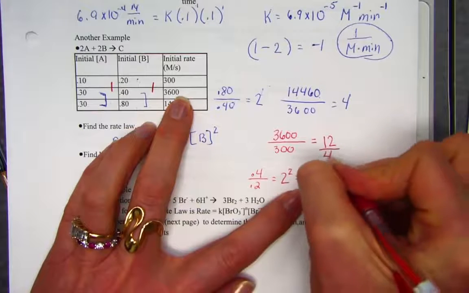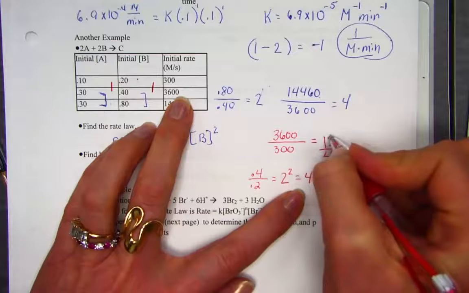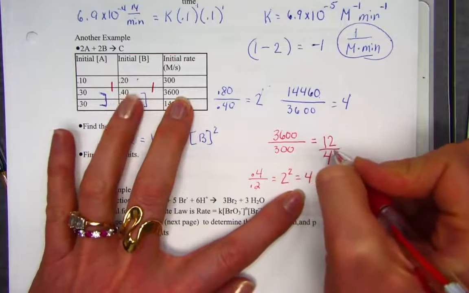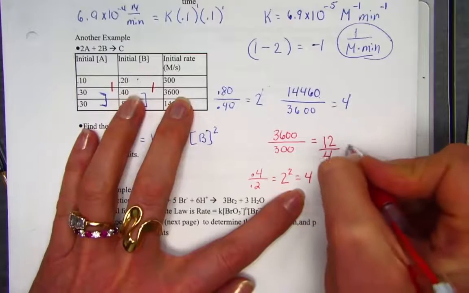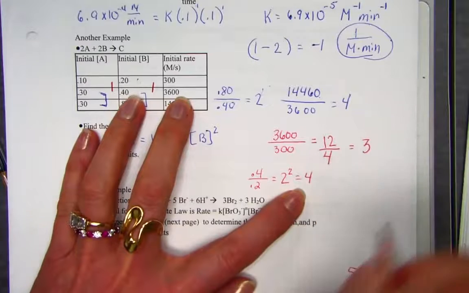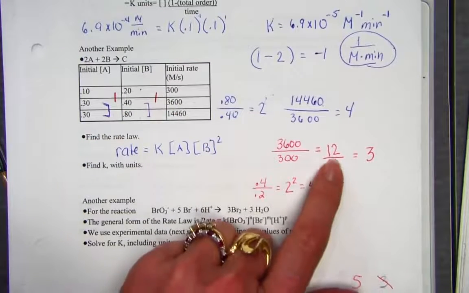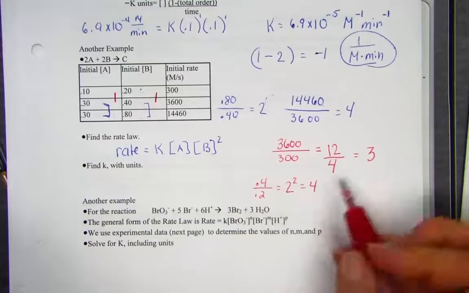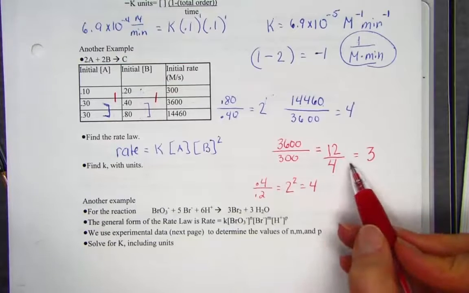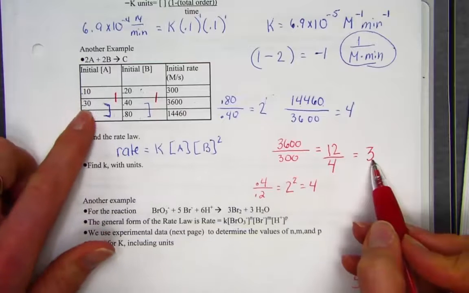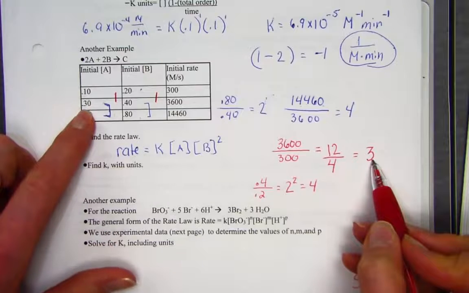Let's factor that out. It was going 12 times as fast, but a factor of 4 is coming from the influence of reactant B. Let's factor that out and find what's left. 12 divided by 4, with the influence of reactant B factored out, leaves us a factor of 3 that must come from the reactant A.